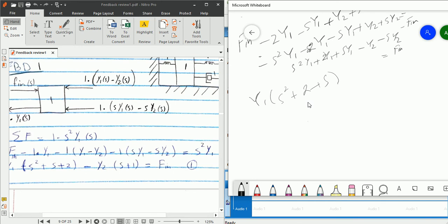Also take minus y2 common, then it will be 1 plus s, and it is equal to f_in. So you can see that this is the expression you get.